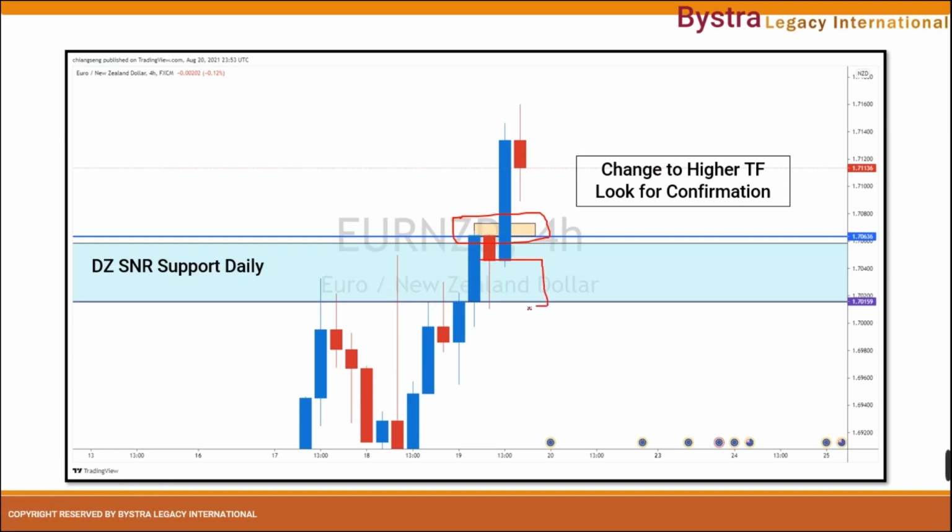If the setup is in the wick, then it is considered high risk. Exactly, guys, always remember this. We do not want the confirmation setup to be at the wick. We want it at the body of the confirmation candlestick. I repeat again, it has to be in the body.